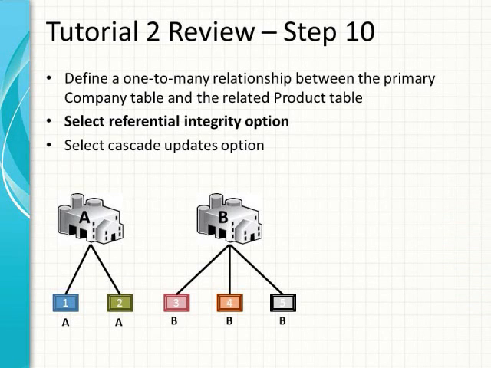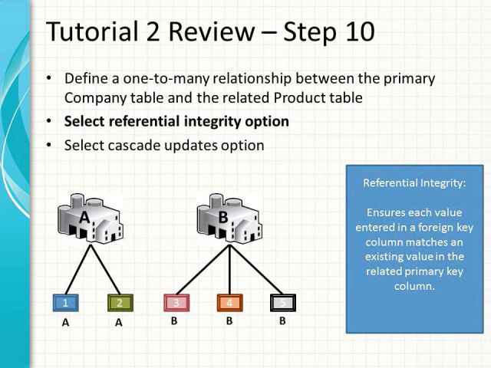Select referential integrity option. What in the heck does that mean? Well, referential integrity ensures each value entered in a foreign key column matches an existing value in the related primary key column. Let's take an example where we introduce another product, product number 6.